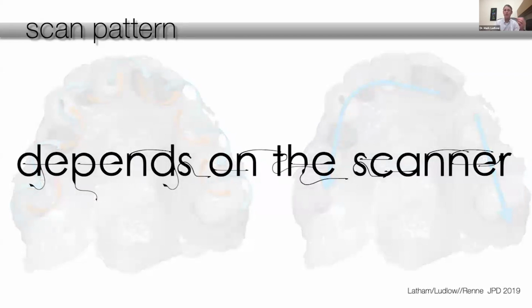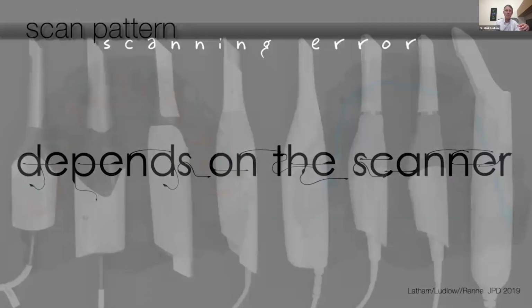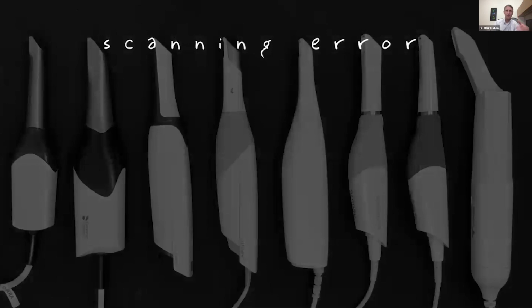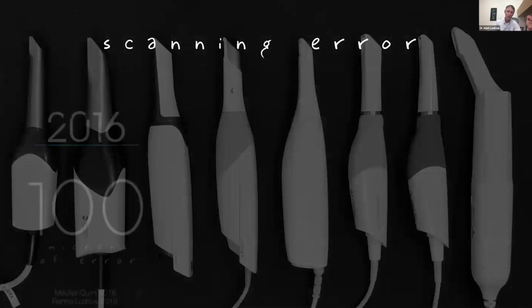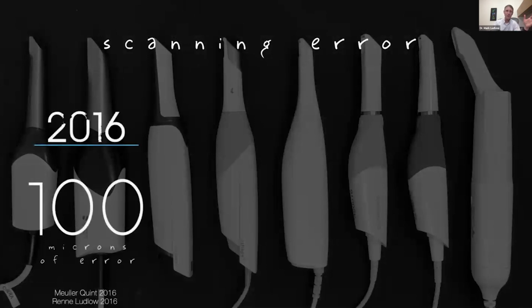Because it's that algorithmic accuracy you're trying to maintain and give the scanner the data in the way that it wants. Okay? And how we originally started looking at this is we started discovering scanning errors in our papers. And this really hit us in 2016 because we were running a trial.